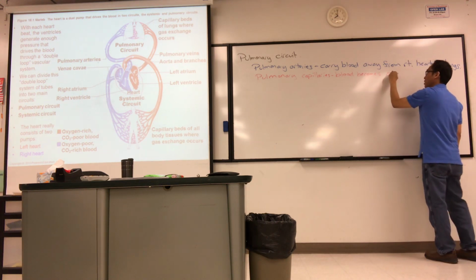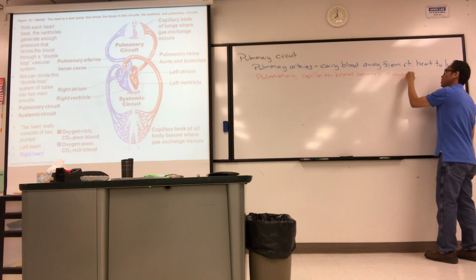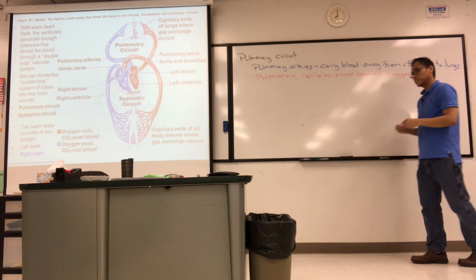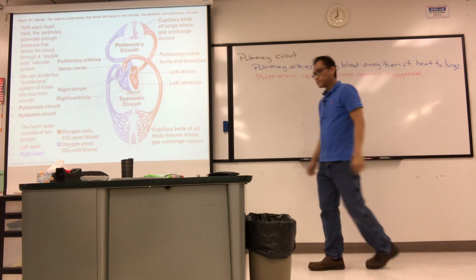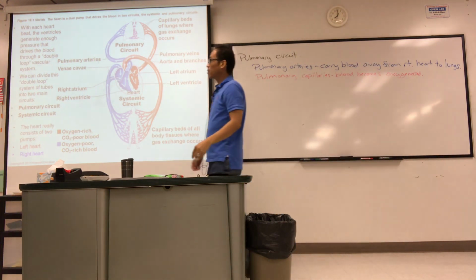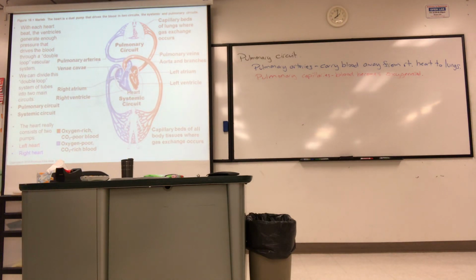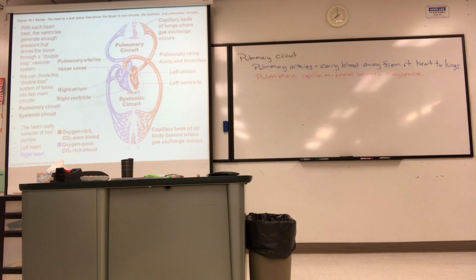So I'm just going to write blood becomes oxygenated. So then it's the job of the pulmonary veins to collect that oxygenated blood and return it to the left heart.